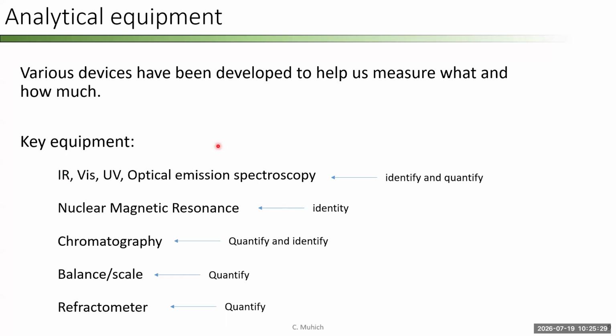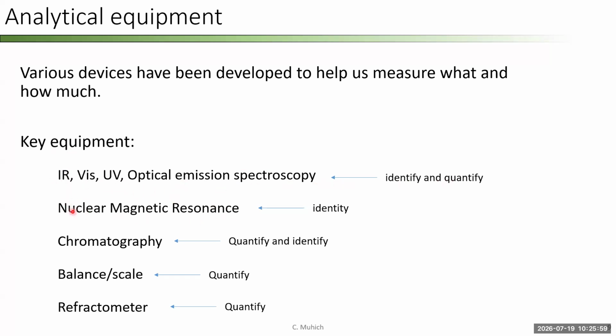So the first type of equipment that's ubiquitously used in analyzing chemistry are spectrometry methods. So this includes IR or infrared spectrometry, visible light spectrometry, UV spectrometry, and optical emission spectrometry. These, in various different methods, are useful for identification and quantification.